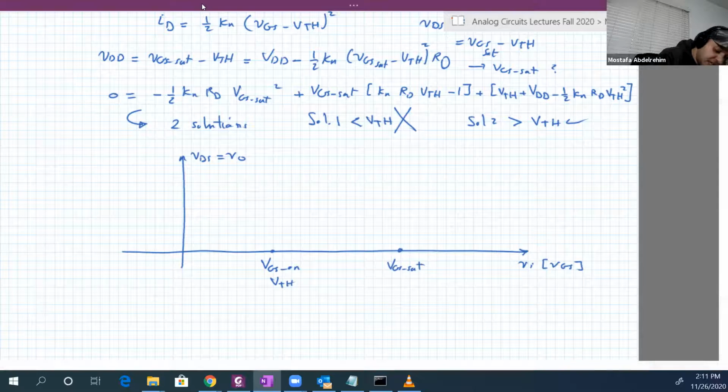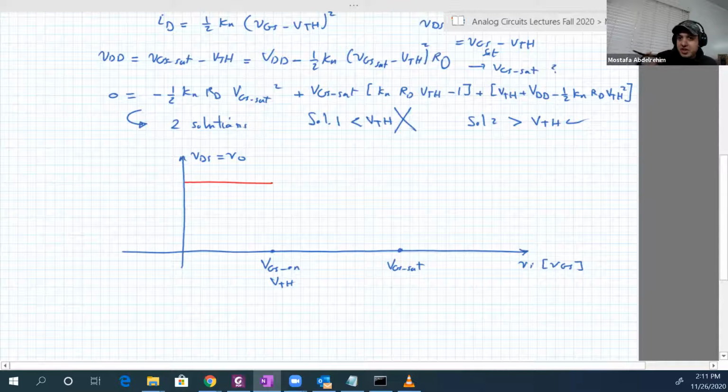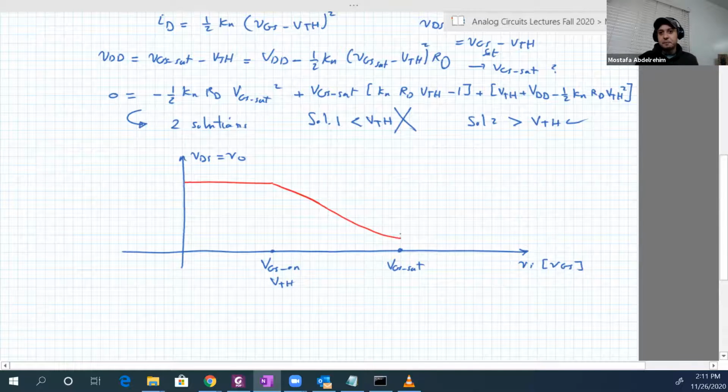In the beginning, we will have VDD. Then, as we will see later, it's a quadratic relation between V input and V output, so it will be something like this. It's a little bit curvy, especially at the end.